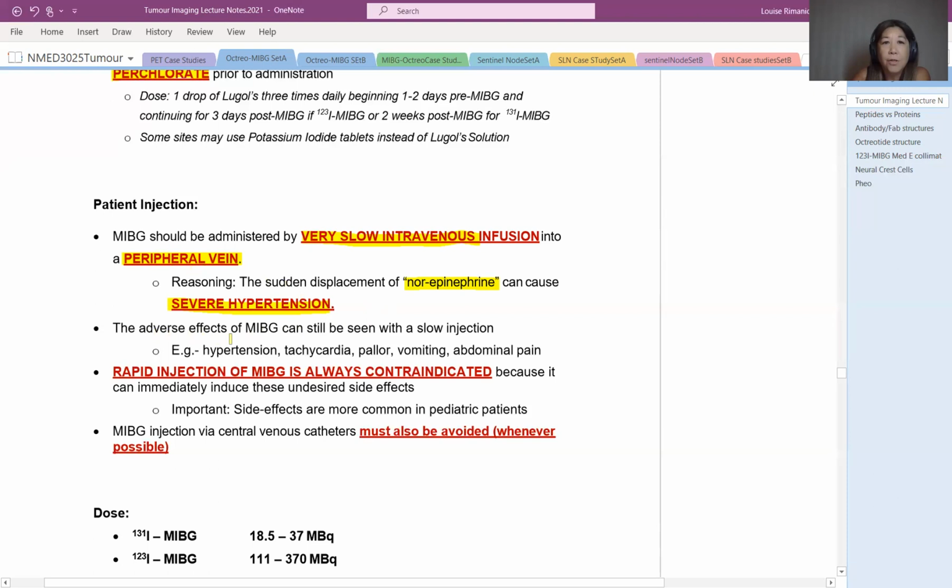These adverse effects can still be seen even with a slow injection, but they're less likely to occur and maybe have a slower onset. This can include hypertension, tachycardia, pallor, vomiting, and abdominal pain. And I can tell you, having done a lot of these injections, that it was not uncommon to see these signs and symptoms even when we injected slowly.